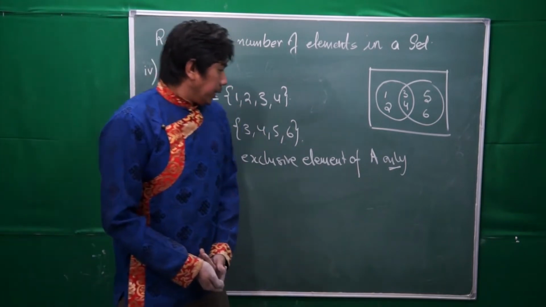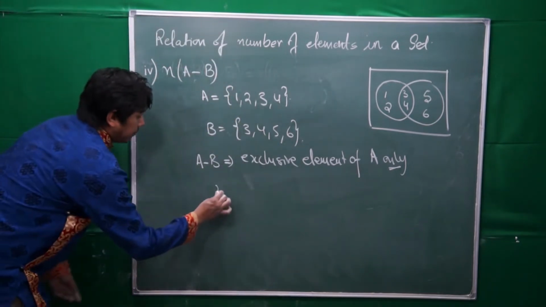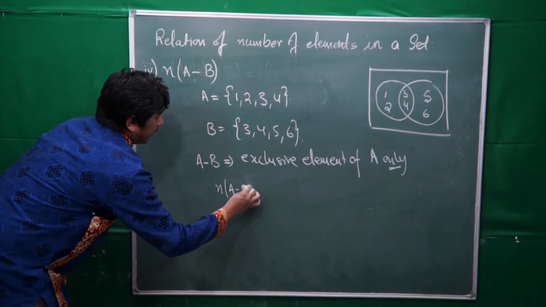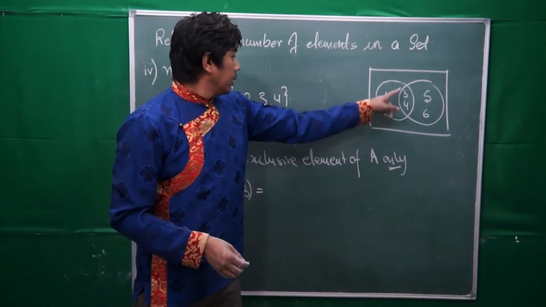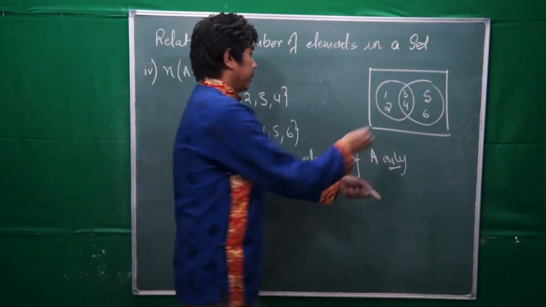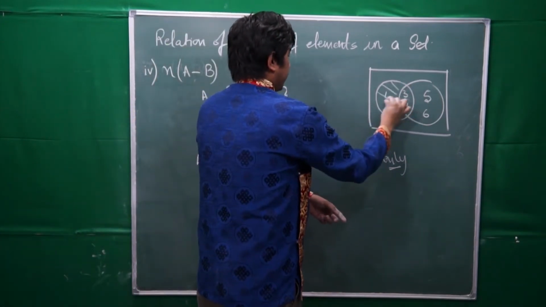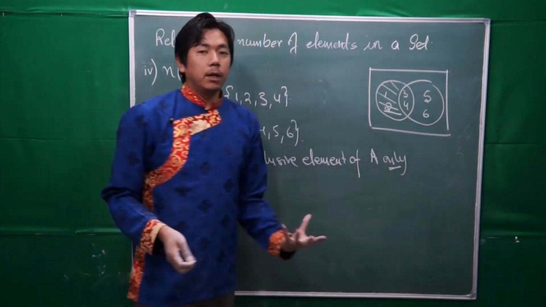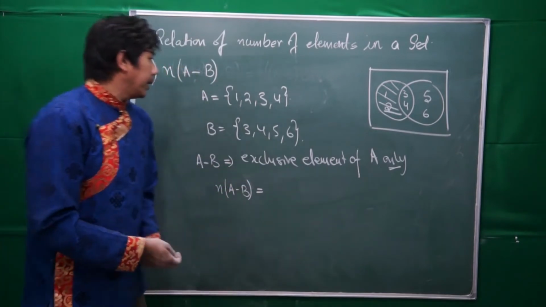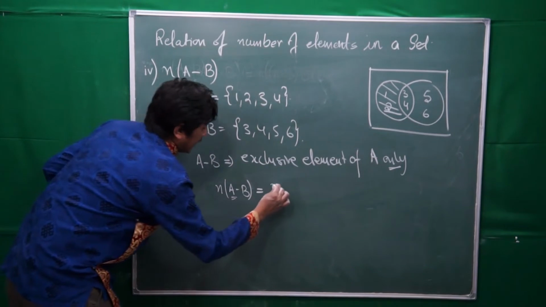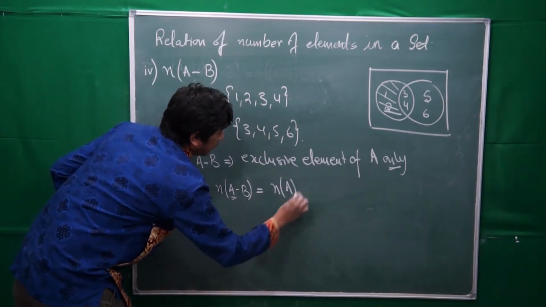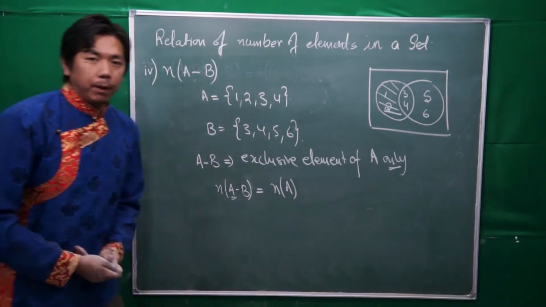So the number of elements of A minus B in this case is how much? It is this part only, which is 2. Now how do you write it in relation? To write it in relation, the first element is A, therefore all the elements of A, including the intersection part as well.